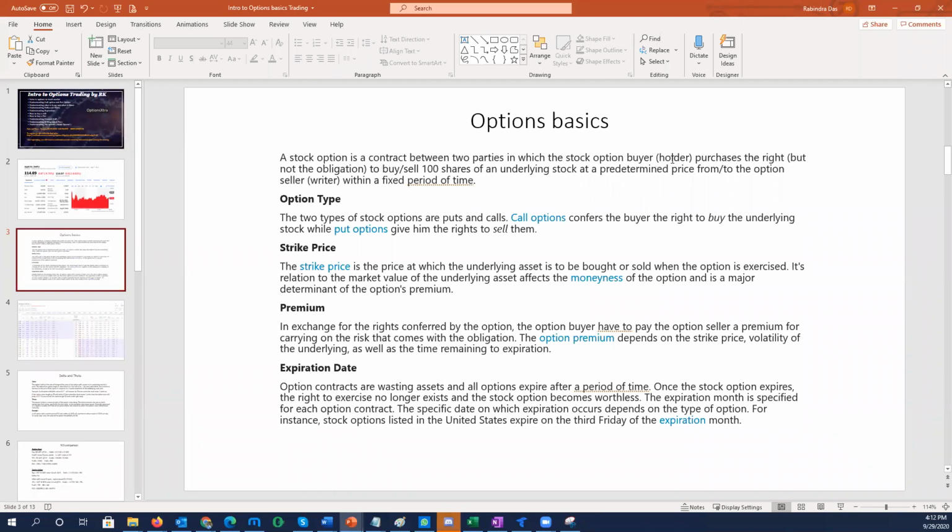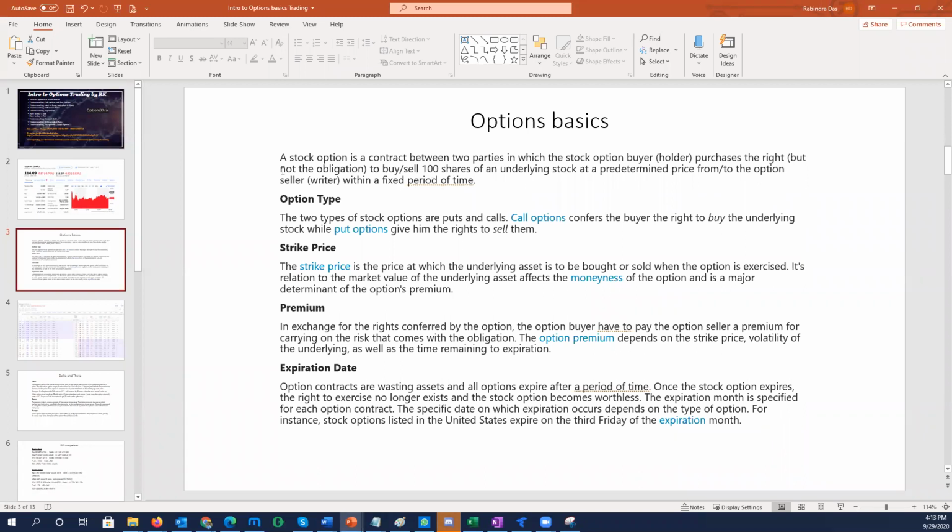So the buyer is the holder of the right to buy. The seller has the obligation to sell you the house at a specifically defined price, that is the strike price, okay, and within a fixed period of time. So that is your 3 months time.